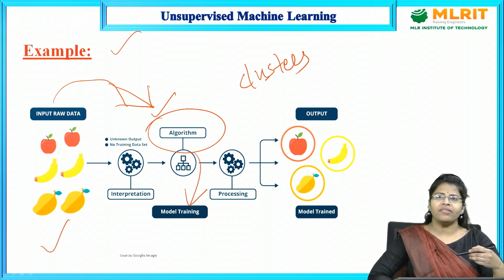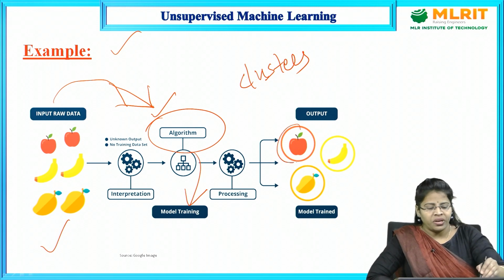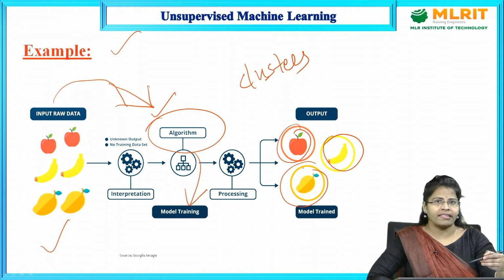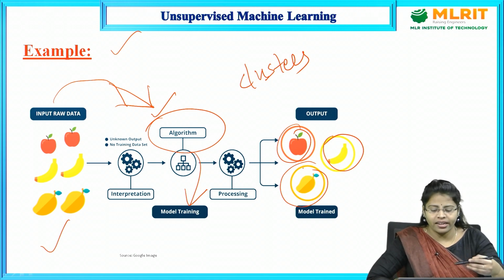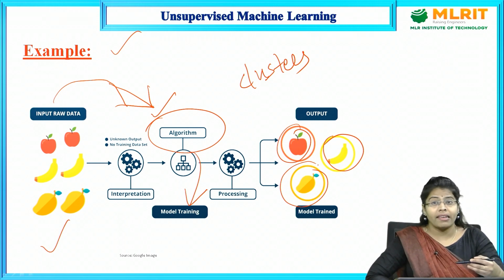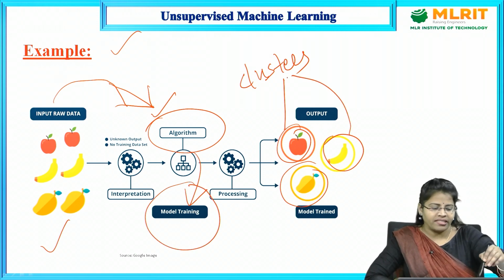That means the different varieties of fruits are divided into different clusters: the apples are separated into one cluster, the bananas into another cluster, and the mangoes into another cluster. That's how we train the model with the help of an unsupervised machine learning algorithm. It is going to detect the different types of clusters.